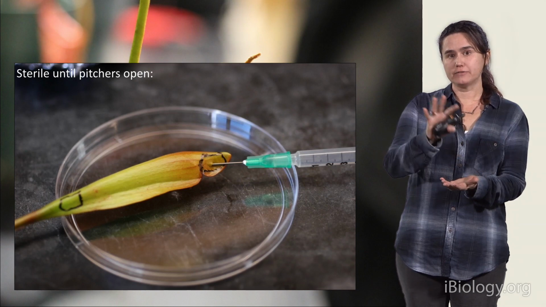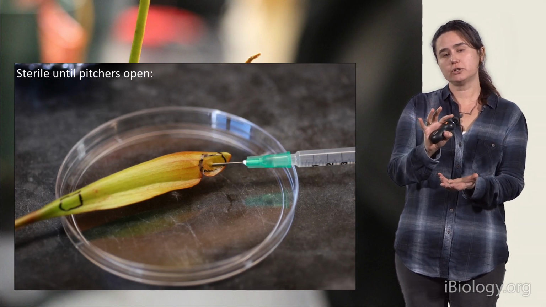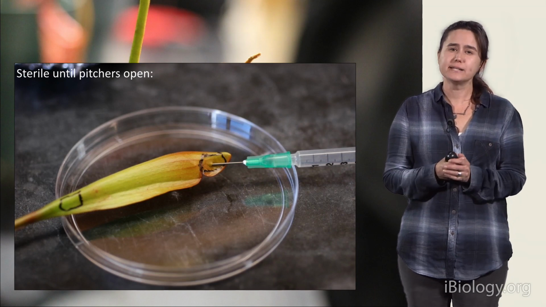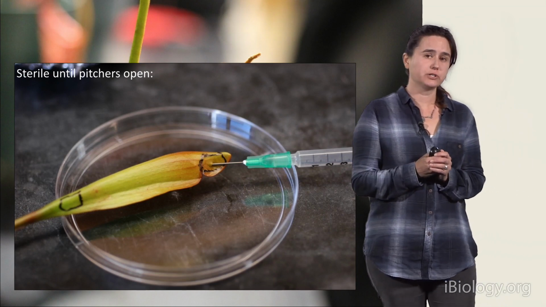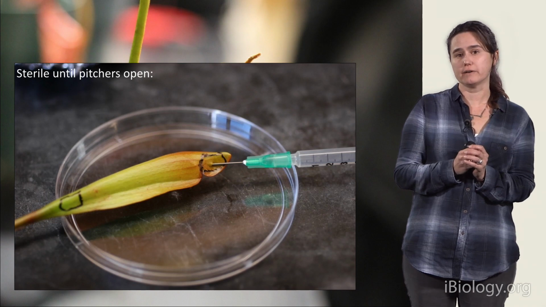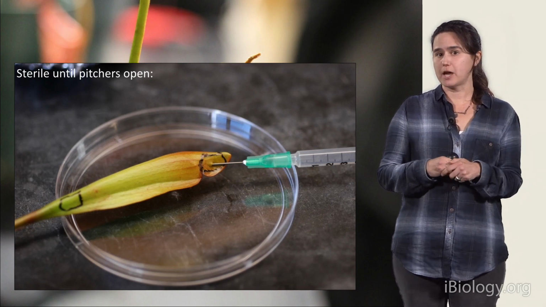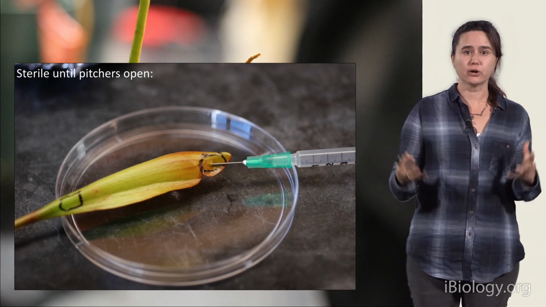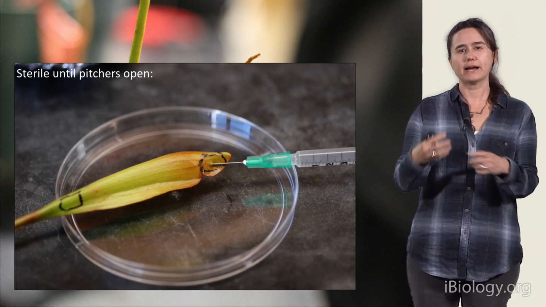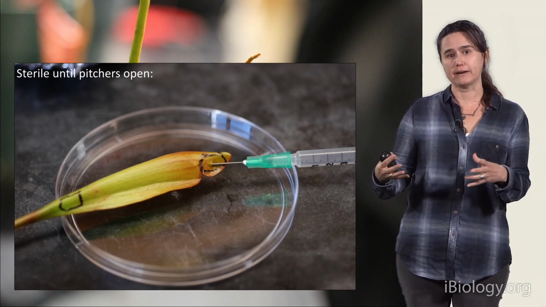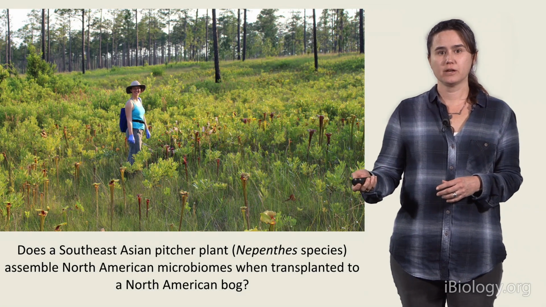So it's only after they open that they begin to have other kinds of organisms fall inside them. And it's not just insects that fall inside pitchers. In fact, whole communities of bacteria and fungi and other kinds of basal eukaryotes are all found in this microcosm, this miniature ecosystem that the pitcher forms after it opens.